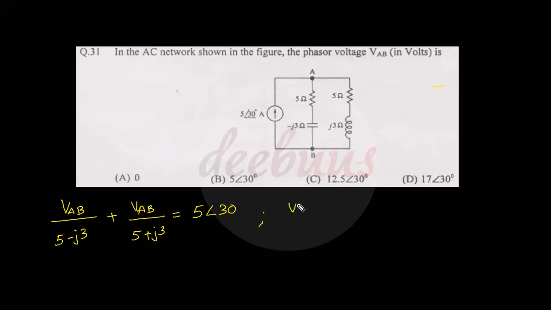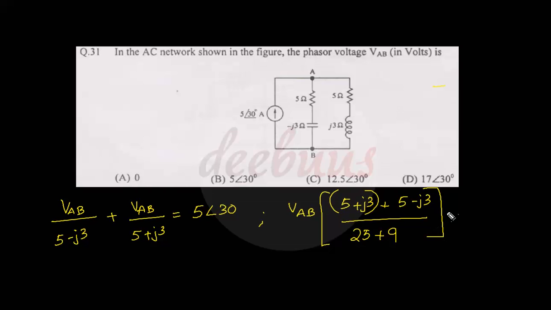Now taking VAB common and multiplying by the complex conjugates, that means 5 plus J3 on the numerator, and on the denominator it is 5 minus J3 into 5 plus J3, that is 25 plus 3 square, which is 9. Again here 5 minus J3, equal to 5 angle 30.